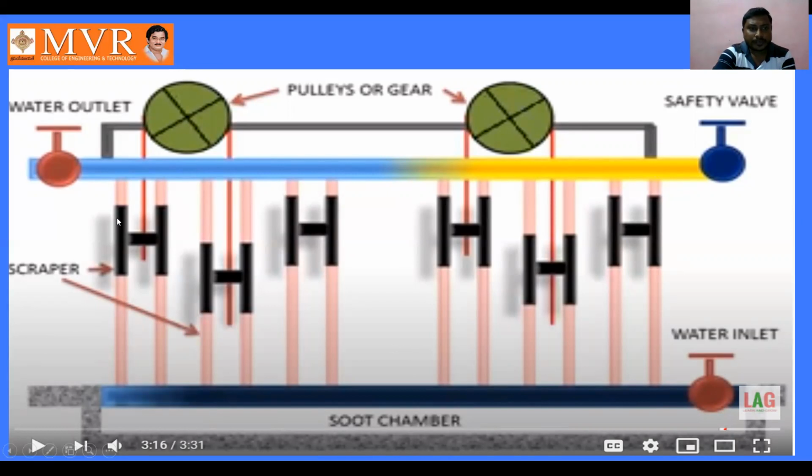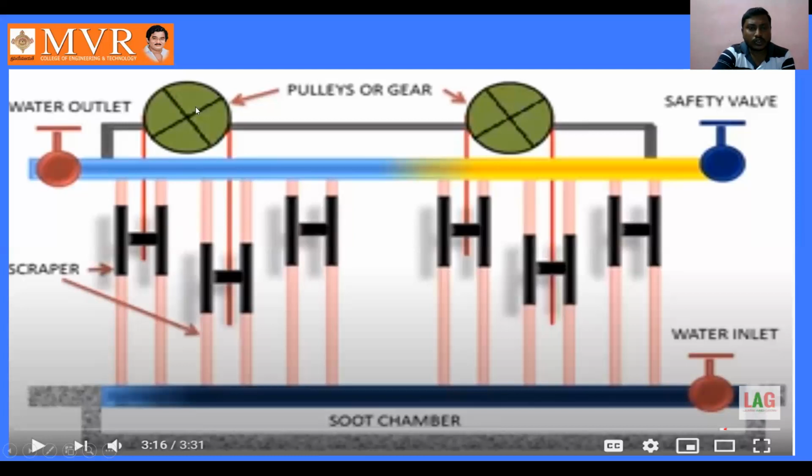These are the scrapers. The black colored part is the scraper. These scrapers are used to remove the dust particles and the scale formation inside the tubes. The scrapers move in the upward and downward direction by using a pulley or gear, and they are connected with the pulleys and gears.